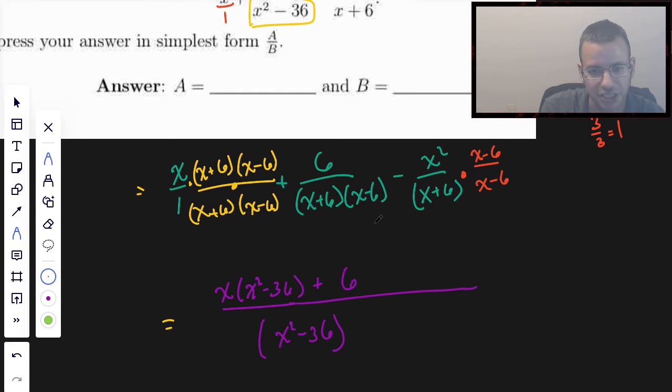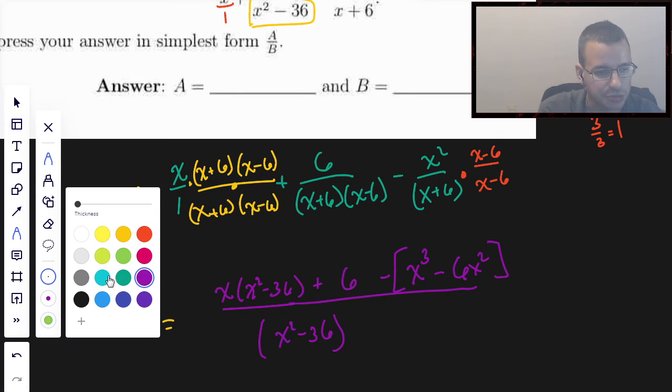We didn't have to change that at all. Minus, now it's x squared times x minus 6. x squared times x is x cubed, and x cubed minus 6 is minus 6x squared.